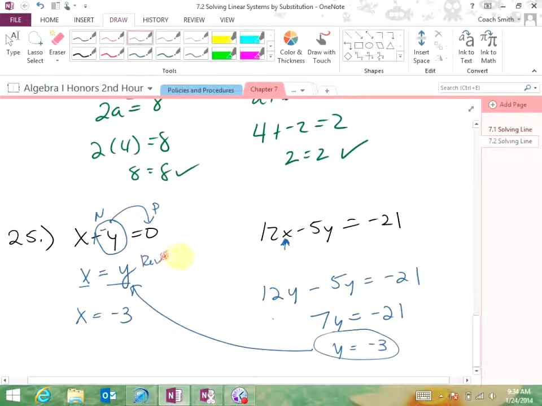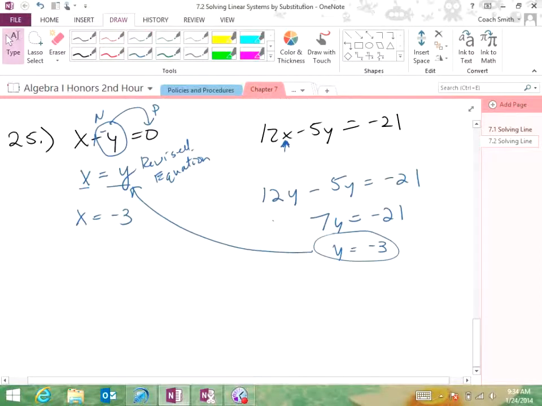Here's my revised one. Okay, the revised equation is the one that I solved. Okay, and so that means negative 3 goes in wherever there's a y. Okay, and so that means x is equal to what? Negative 3. So your solution then is negative 3, negative 3.